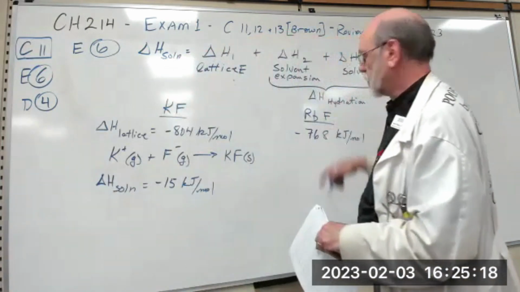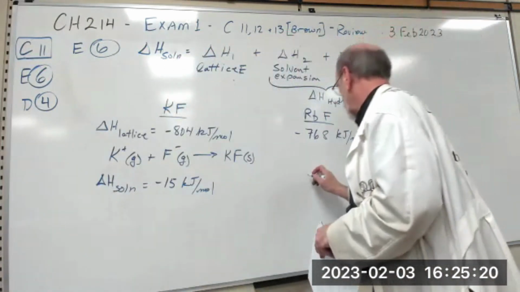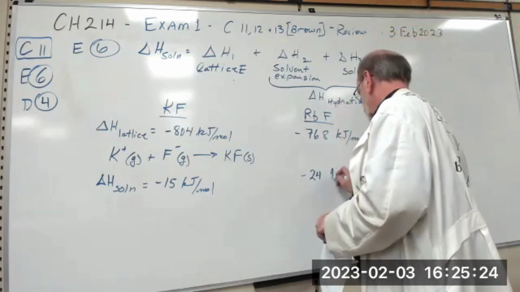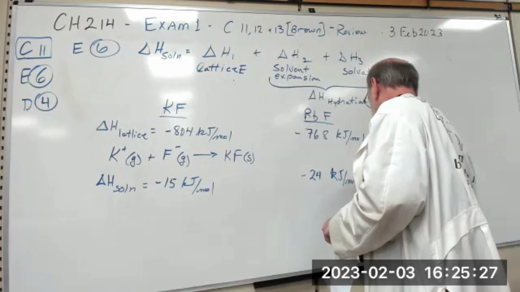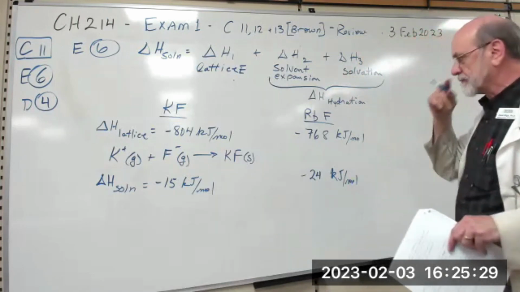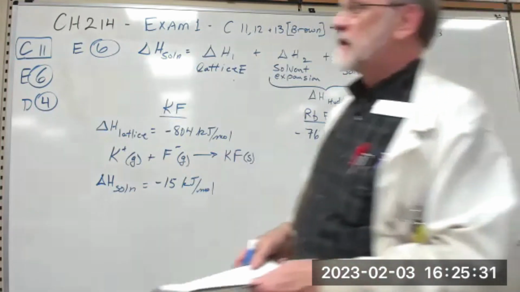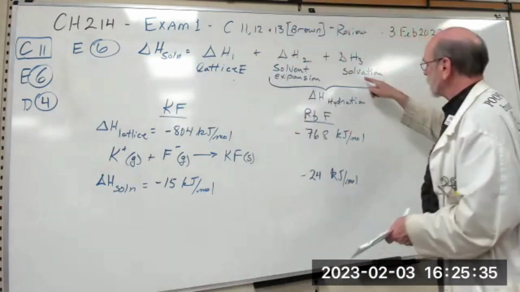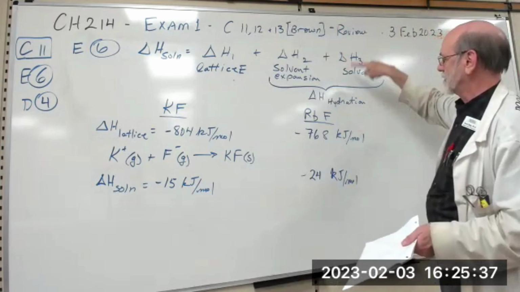And for rubidium fluoride is minus 24 kilojoules. Okay. Now the question is, which salt forms a stronger attraction with water? Well, this is the one we're trying to get at.